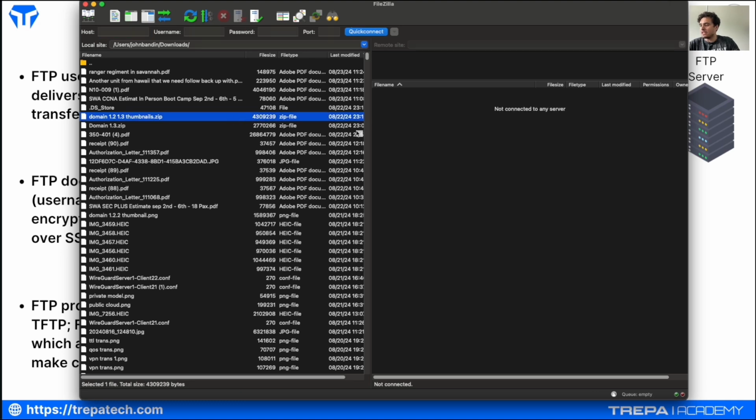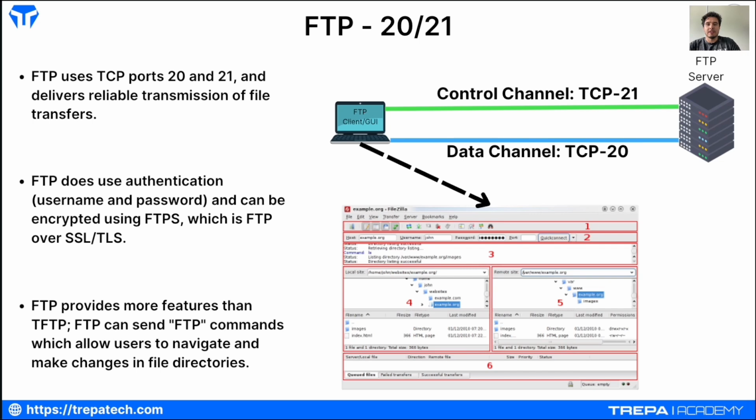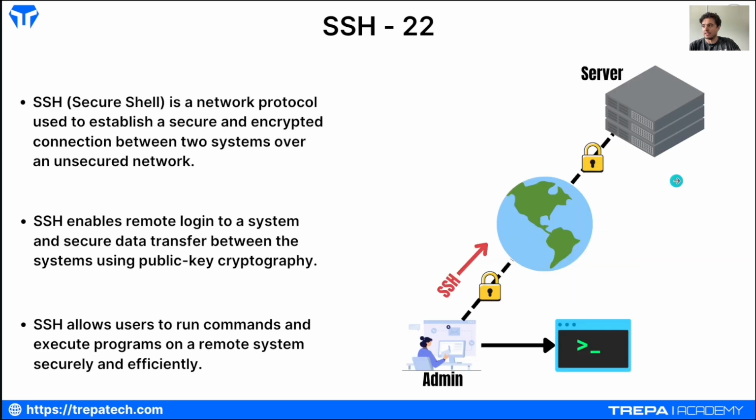So you can actually control what files you want to send to the destination. Or really from local to remote site, but it goes both ways, right? So that's FTP. A little bit more robust than when we're going to talk about TFTP later on in this section. And I'm going to minimize this and maybe we'll pause the video and I'll show you guys how to transfer files via FTP or SFTP.